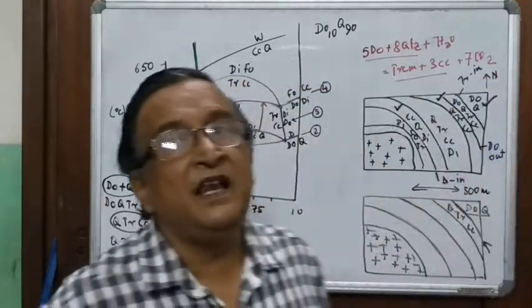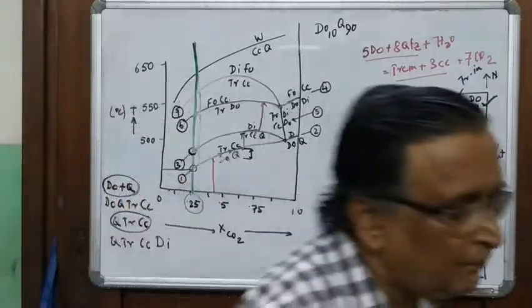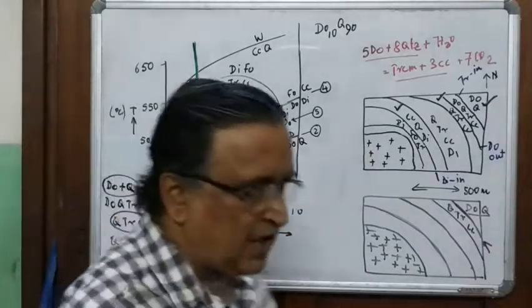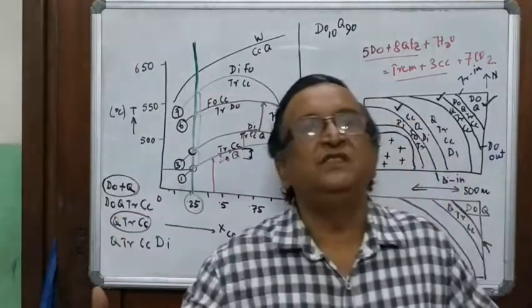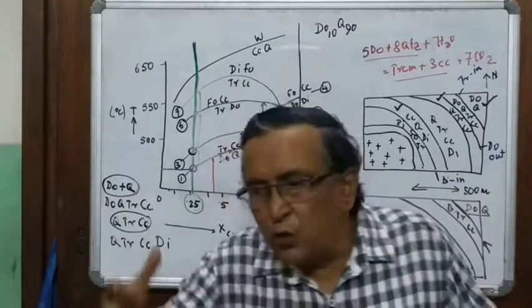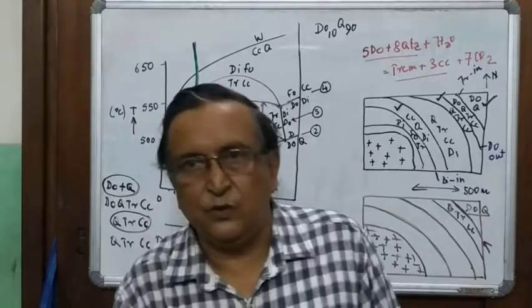Now, normally what happens to make our life miserable, these two end members, closed system and open system, nature does not work in extremes. Nature works somewhere in between.